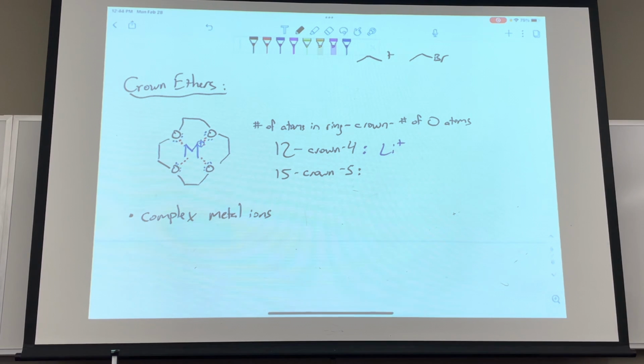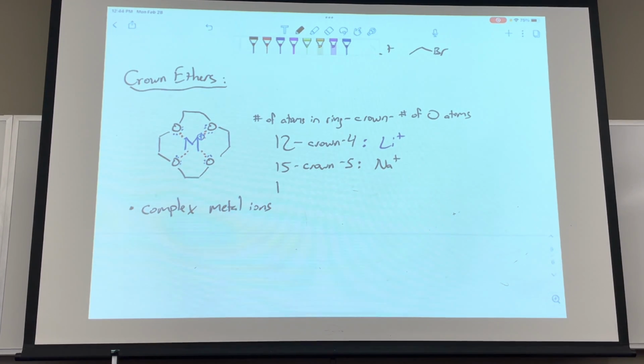And that's going to complex the next larger ion, namely sodium. And then probably the one that's most commonly used is 18 crown 6. And that's going to accommodate the next larger ion, namely potassium.